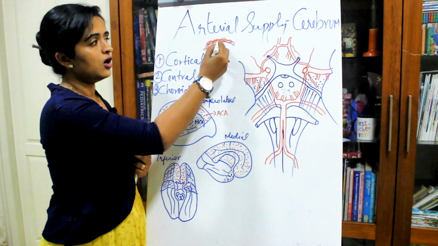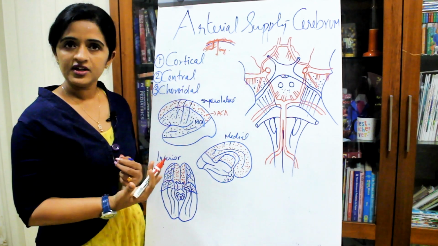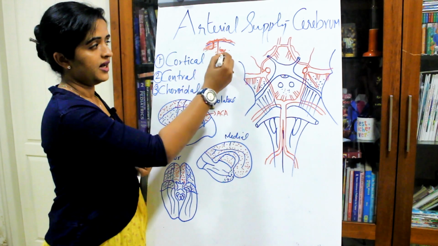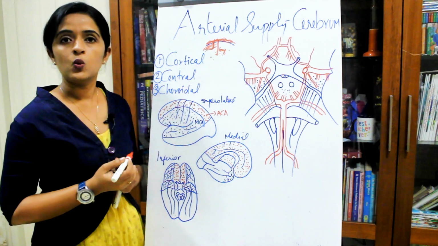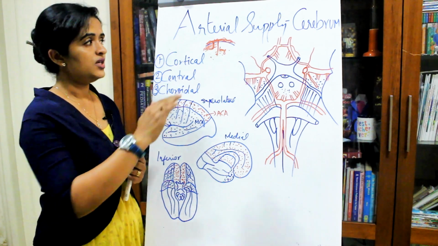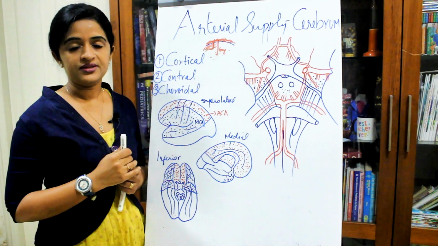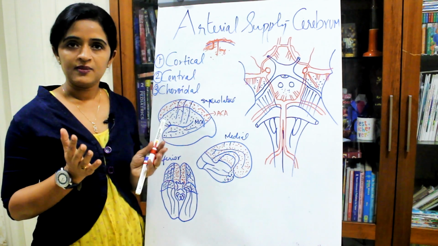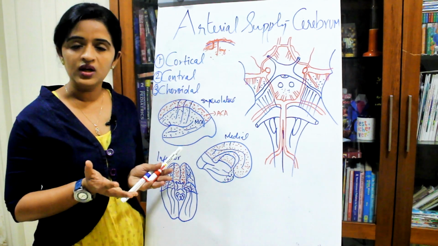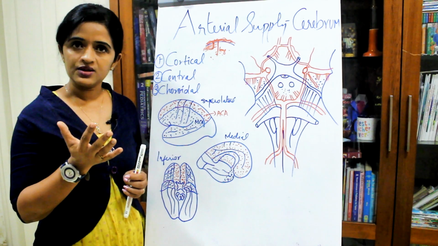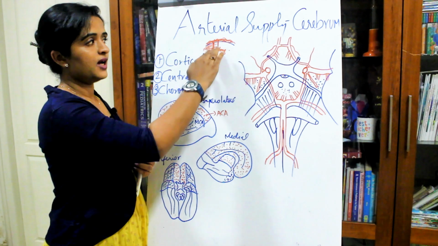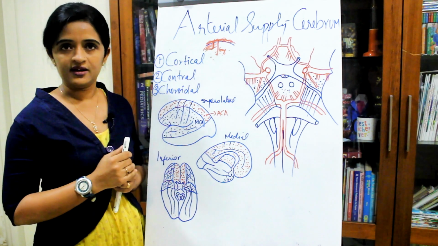So what do you mean by long cortical branches? Long cortical branches will travel further and they will be supplying the outer aspect of the white matter of the cerebrum. So these are the two patterns of vessels. They are known as cortical branches. The cerebral vessels which are meant to supply the cerebrum as a whole will be forming a network of anastomosis overlying the pia mater, and from it the end arteries will be arising.